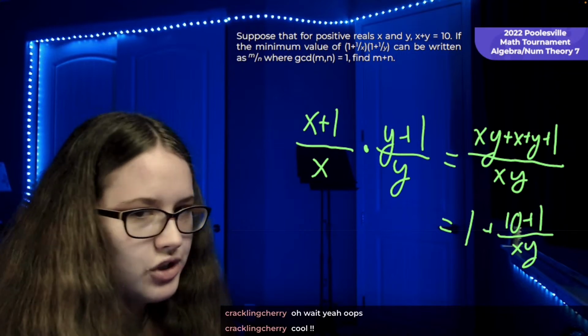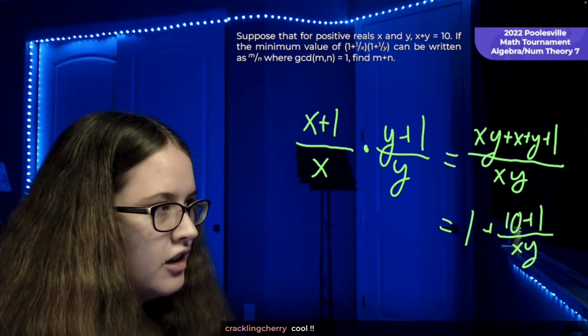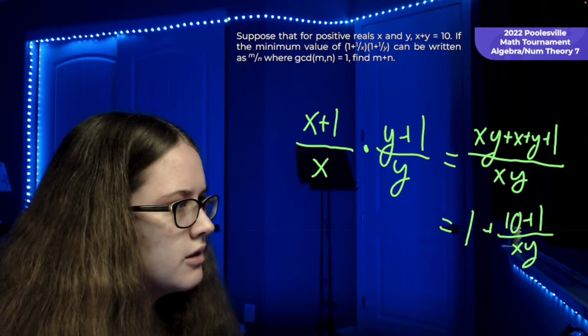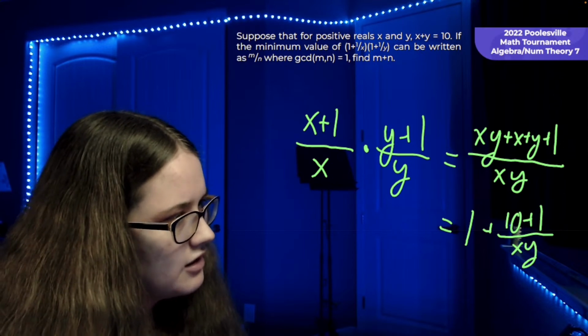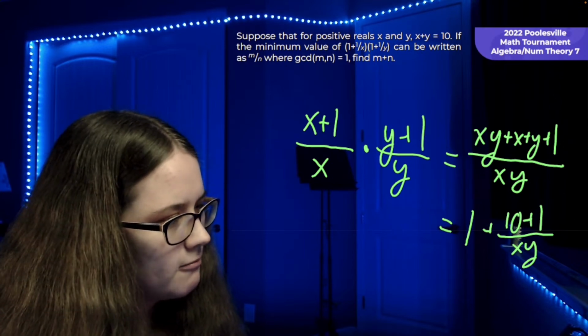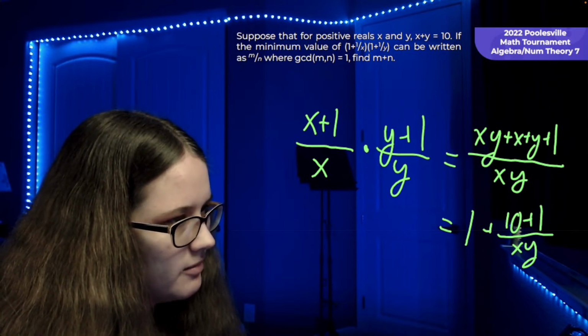And then if we want to minimize xy, so no, do we want to maximize or minimize xy? I think we want to maximize xy. Yeah, I agree with that.